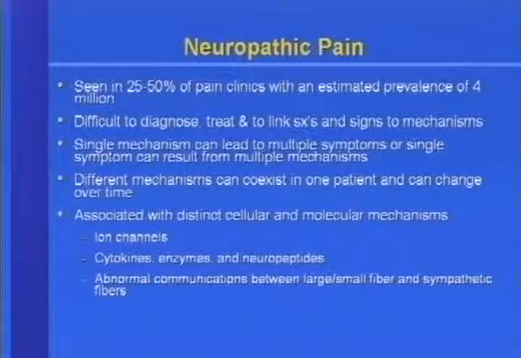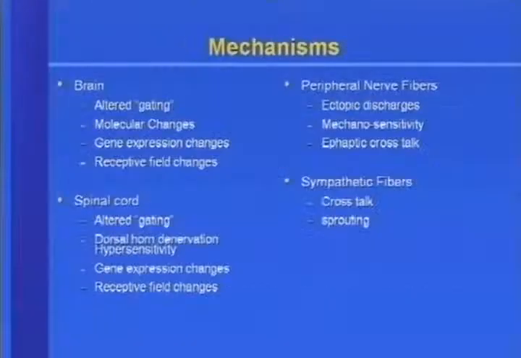The processing that occurs is abnormal and relates to ion channel abnormalities and cytokines and enzymes and basically abnormal communications that exist between large and small fibers. And the mechanisms range from sympathetic nervous system dysfunction, to dysfunction in the peripheral nervous system, dysfunction at the level of the spinal cord, specifically the dorsal root ganglion or the dorsal horn, and then to the brain, in terms of processing of pain in the thalamus, and processing of pain in the somatosensory cortex.